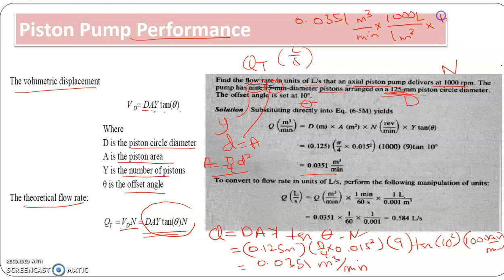And 1 minute equals 60 seconds. So you will get the answer 0.584 liter per second.